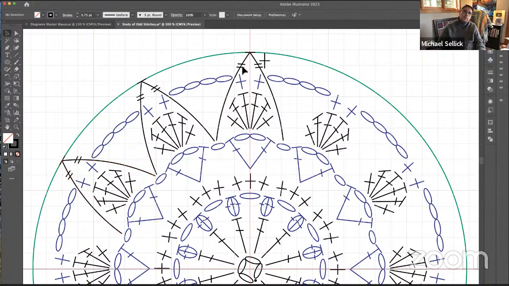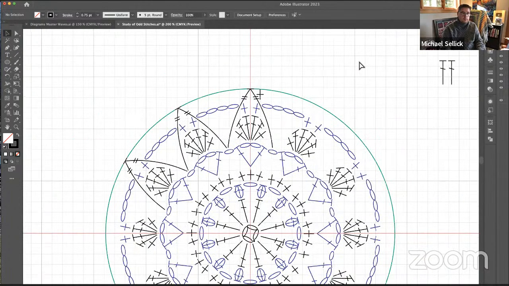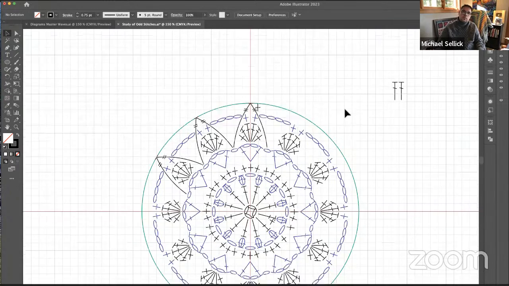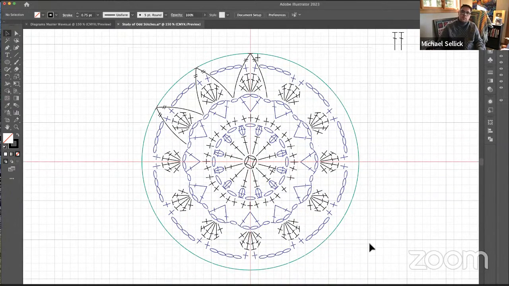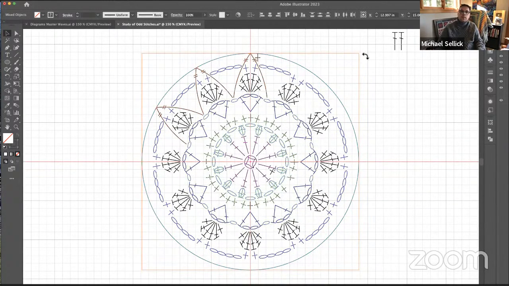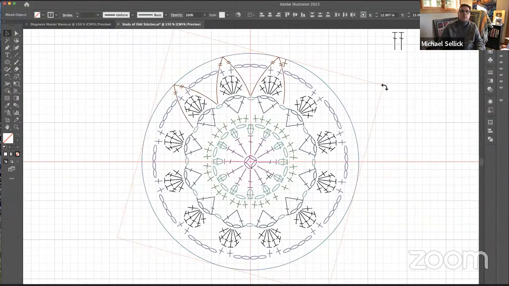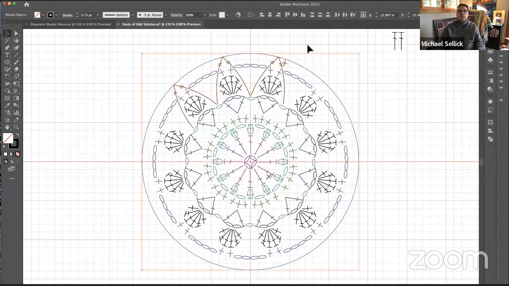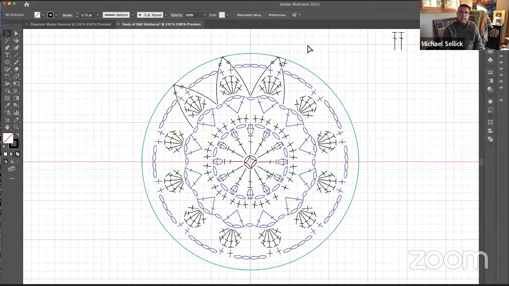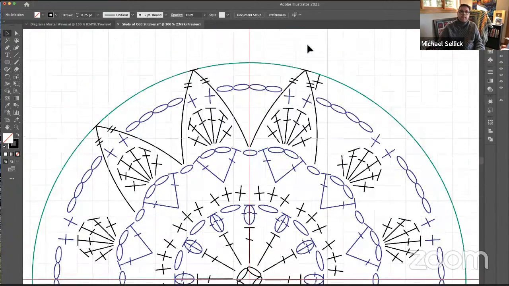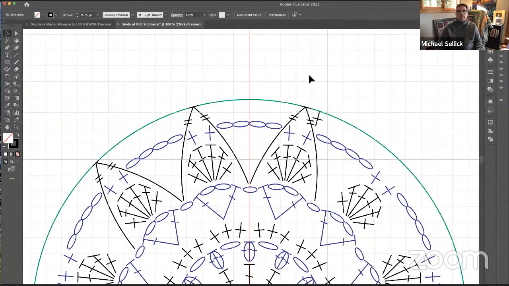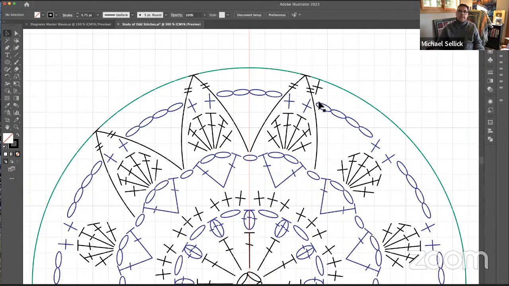So now the single crochets, there's going to be 7 of them. Let's rotate and put them in the center. So there's 96 points, right?